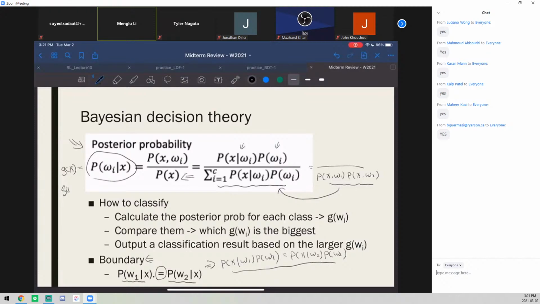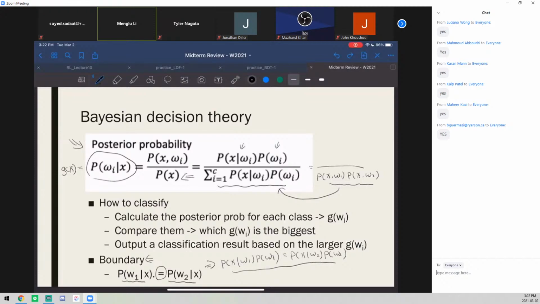If G1 is larger than G2, we choose class 1. Okay, for this section, that's the basic formula for the Bayesian.